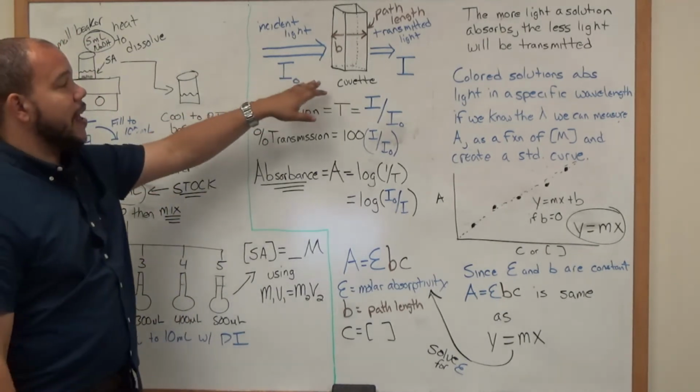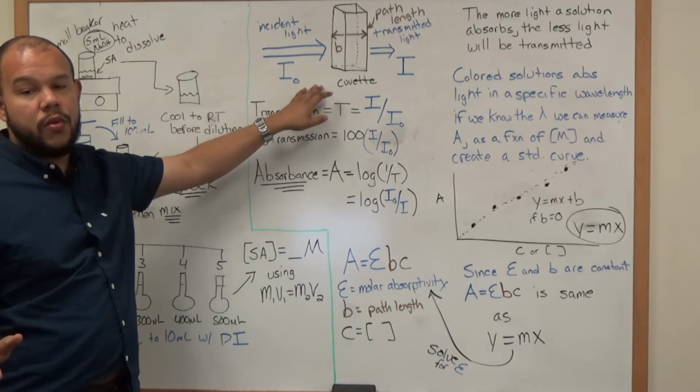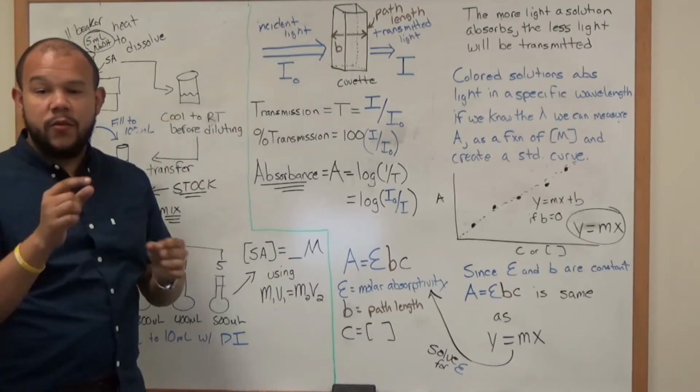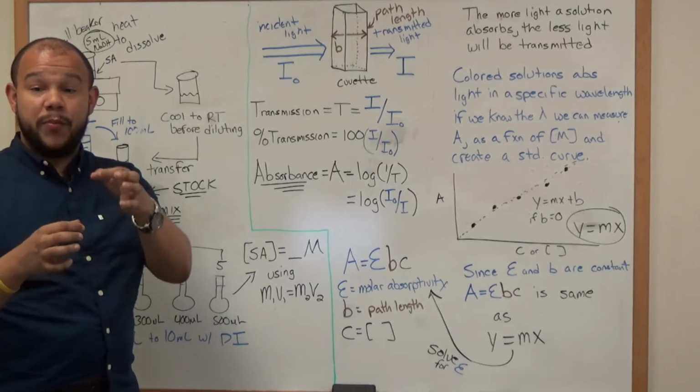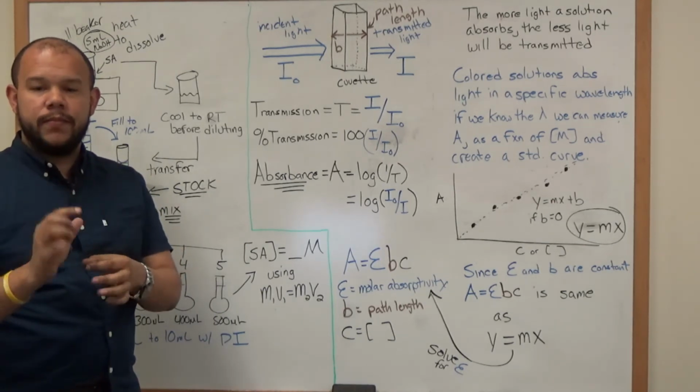So what I have here is a diagram, and this diagram shows you a cuvette, which is a small plastic rectangular prism that holds liquid.